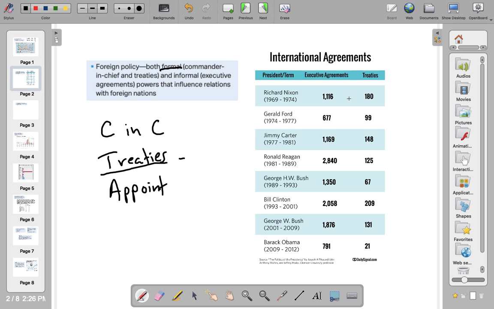I'm showing you this chart because it's actually much more common that a president will sign an executive agreement with another country than a treaty. In fact, we could say treaties are relatively uncommon compared to executive agreements.